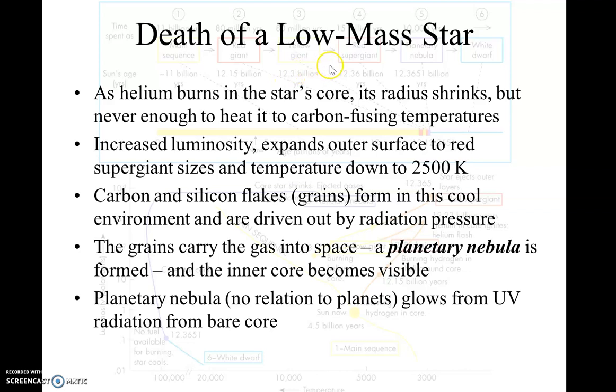What eventually happens with these stars is they essentially lose the gravitational grip on the outer part of the atmosphere of the star, and that star shows what's known as the planetary nebula effect. The outer atmosphere of the star leaves the star and escapes out into space, and we see these planetary nebulae all over in our galaxy and other galaxies as well.